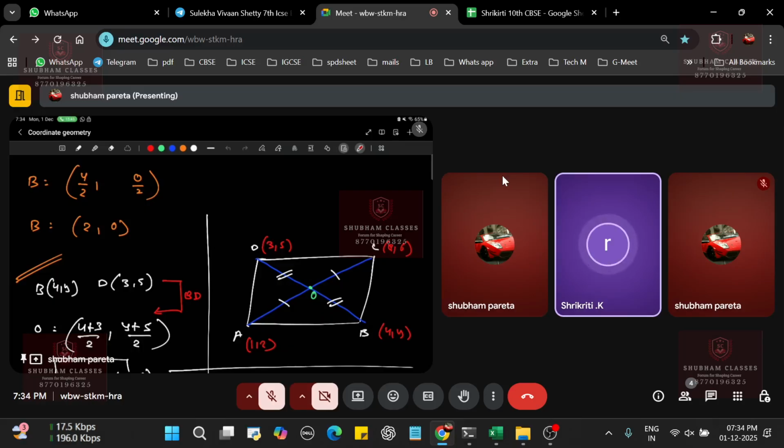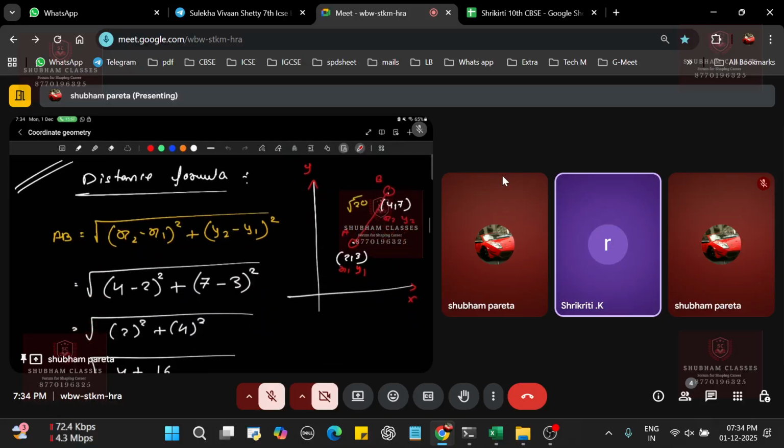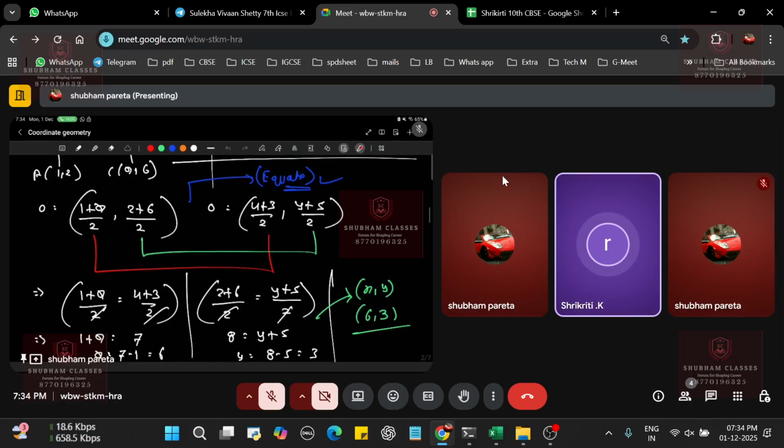In the next step, (1 plus x by 2, comma 4) is equal to (7 by 2, comma 5 plus y by 2). And we know that B coordinates are 4 comma y. So I've equated these B coordinates into both the midpoints.